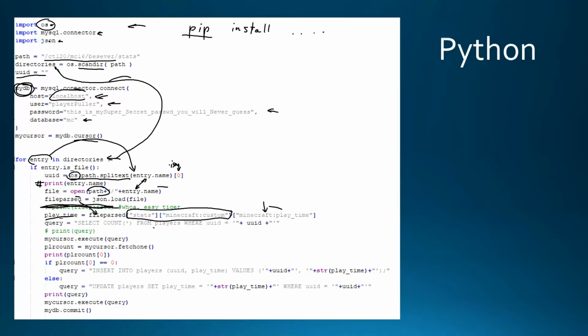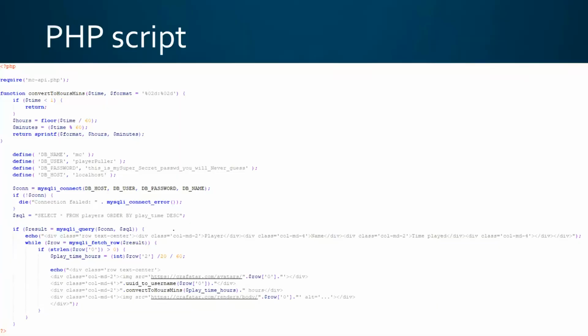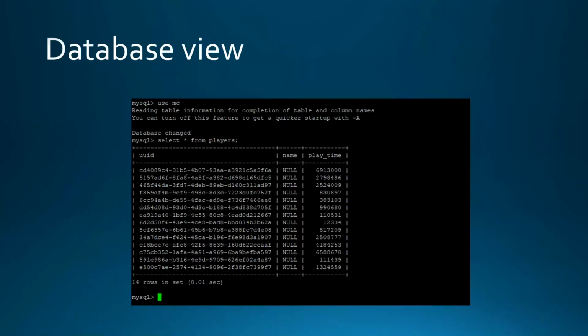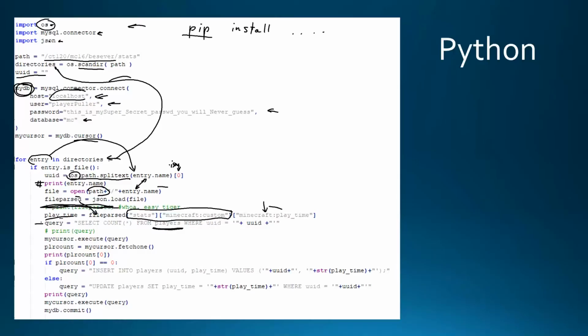If you see players, that's the name of my table. In your case it can be something else, alright? We're checking if there are players with this user ID. This is my table. You see unique user IDs, names, and playtime, right?